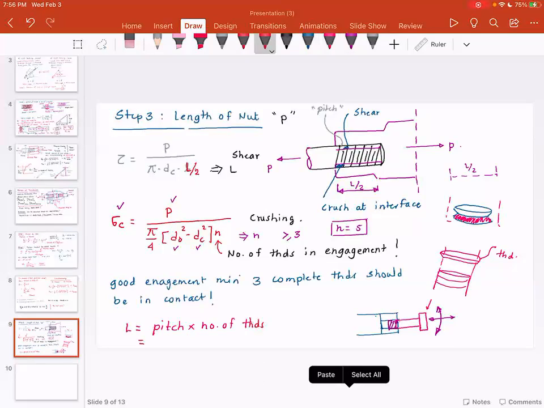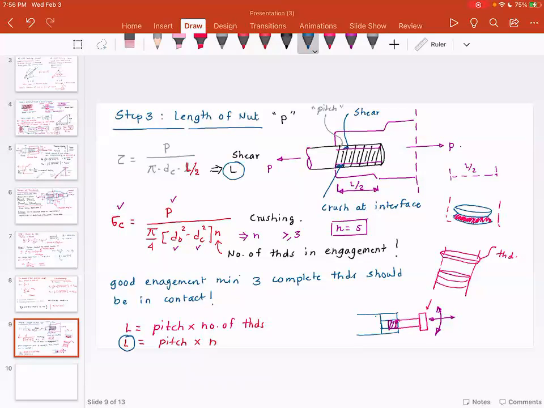So you will have pitch multiplied by n is equal to L. Now please note, at this stage, just like any other design process, we have two values of L. L we obtain from the shear failure and L we obtain from the crushing failure.